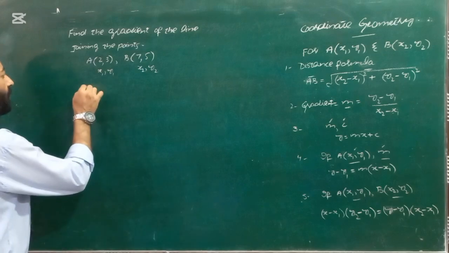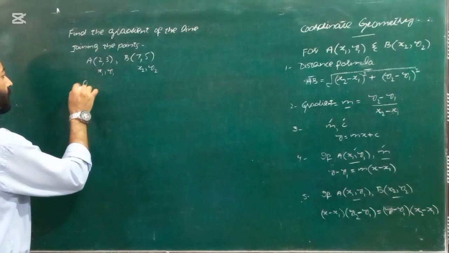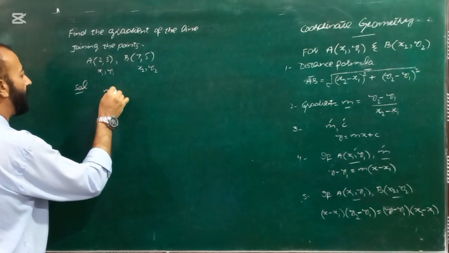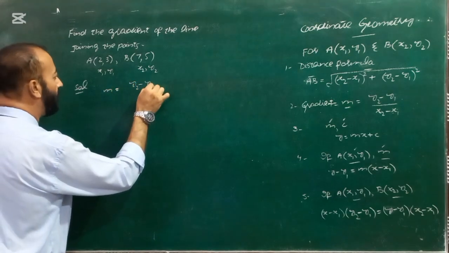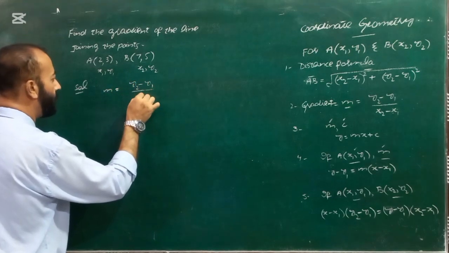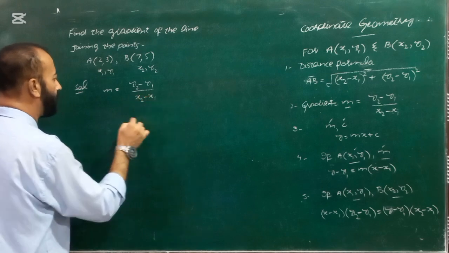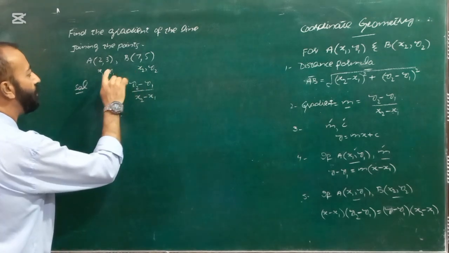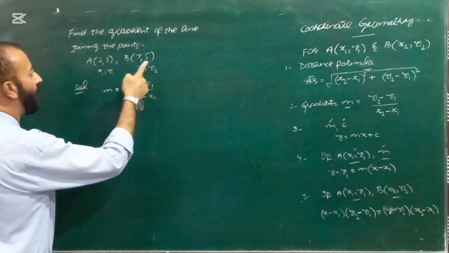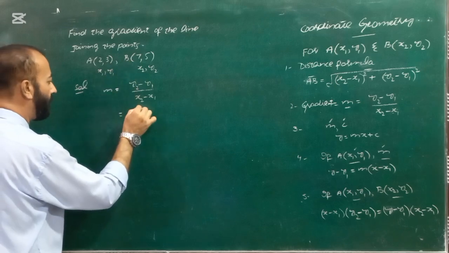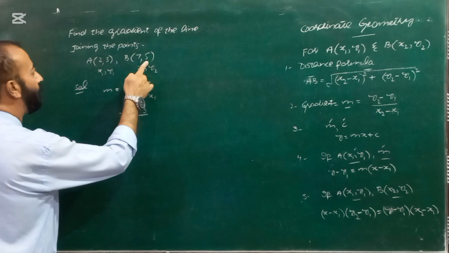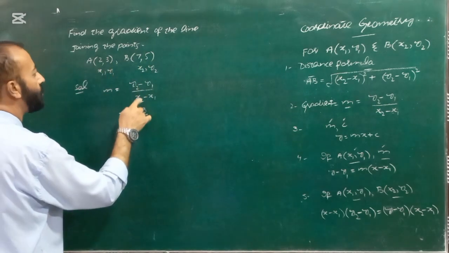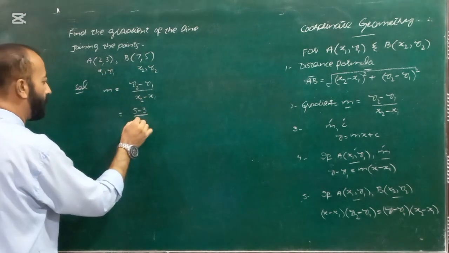So first we will write the formula, that is m is equal to y2 minus y1 over x2 minus x1. Now the values will be put in the formula. So look now, 5 minus 3. You have to be very careful about these signs. So 5 minus 3 over x2 minus x1, so 7 minus 2.